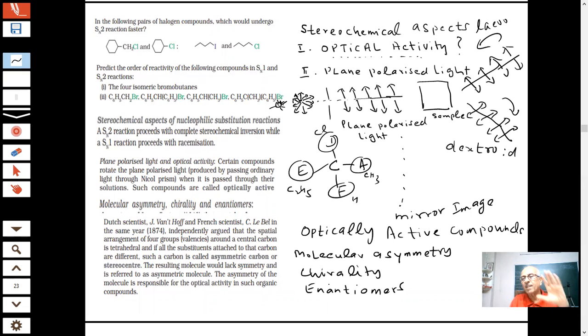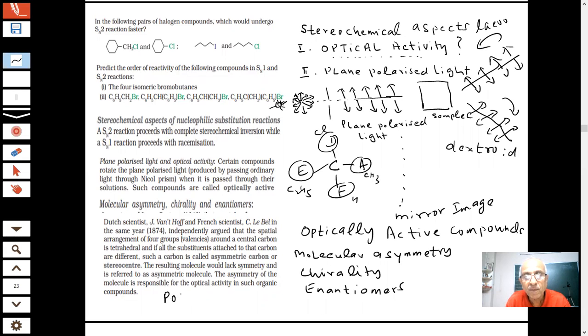But we understand what is the experiment which was done by Van't Hoff and Le Bel in 1874. They were able to observe optically active compounds. There is an instrument in which this was done, which is called a polarimeter.